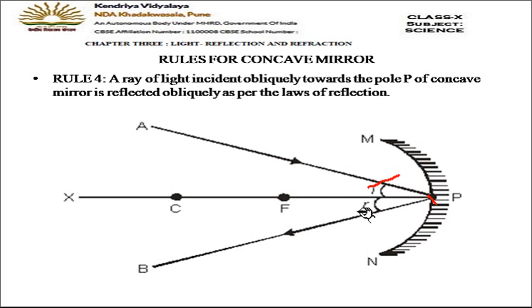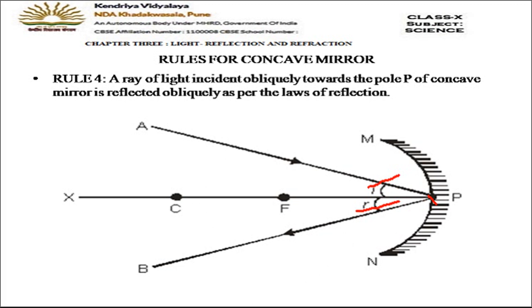Now this angle will be called R, as you all know. Whenever the ray of light is obliquely incident on the mirror, it gets reflected and follows the laws of reflection. Here in this case angle I will be equal to angle R. This is rule number 4.